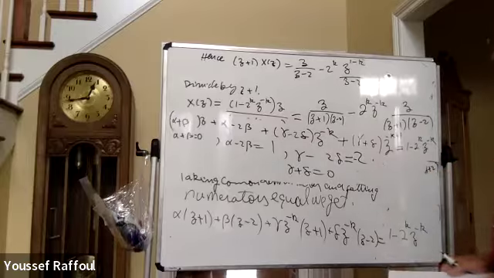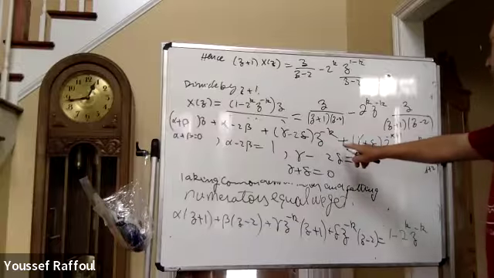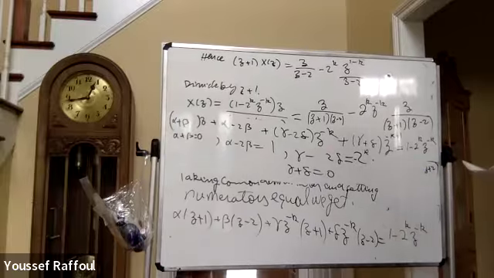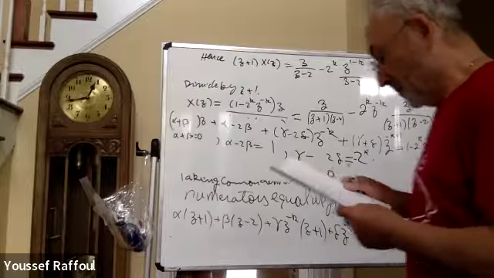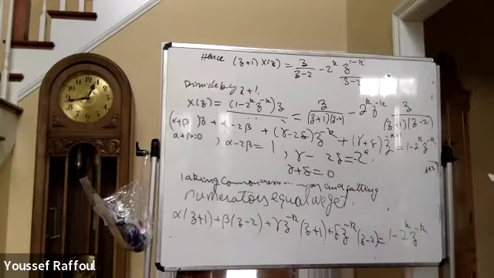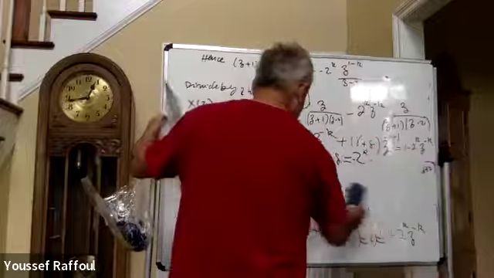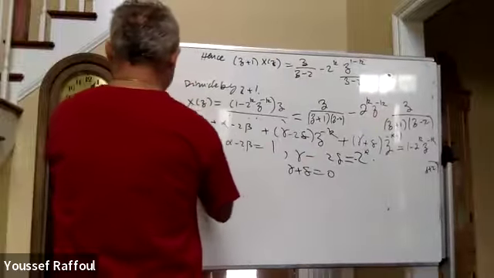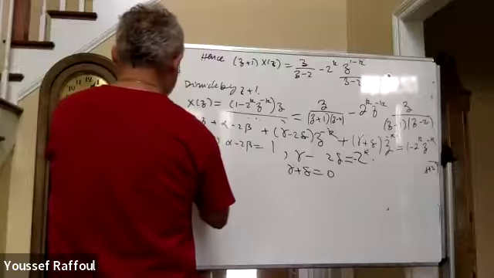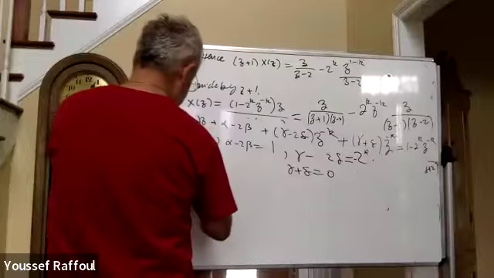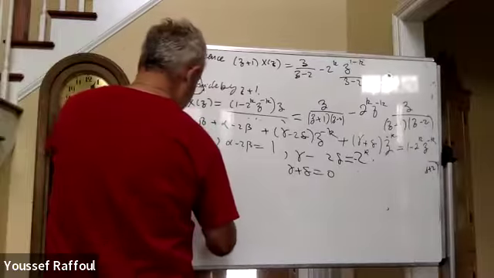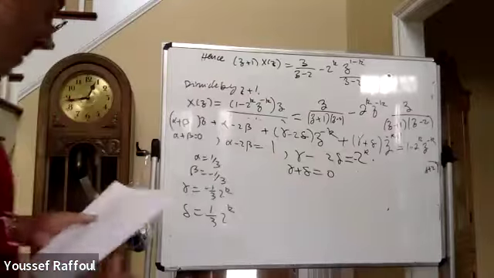Gamma minus 2 to the power k, sorry. All right. And so this equation will give us alpha is 1/3, beta is minus 1/3, gamma is minus 1/3 times 2 to the power k, and delta is 1/3 times 2 to the power k. That's what we're going to get.